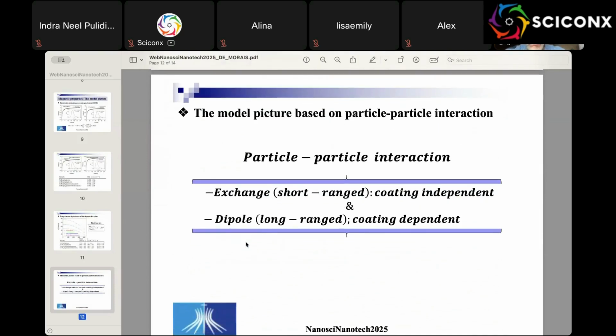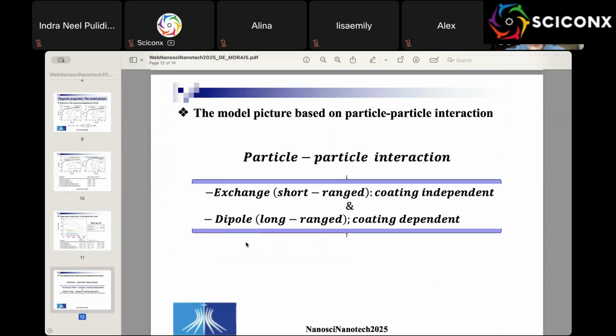So here is a very brief description of the model picture to explain the change in the magnetic properties, which is based on particle-particle interaction. There are two main components of particle-particle interaction. The first one is the exchange interaction between neighboring particles. But that is a typical short-range interaction, and its influence is independent of the coating.